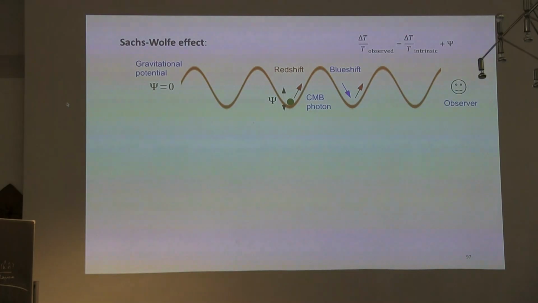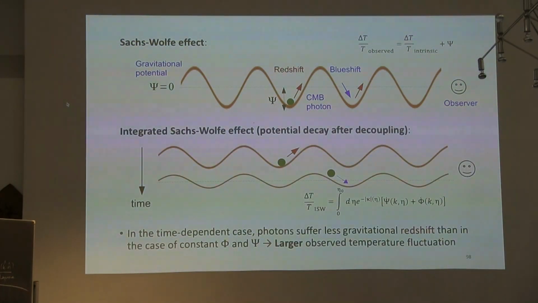Integrated Sachs-Wolfe is something that happens when the potentials are changing in time. You can see the schematic that tries to illustrate the situation. At first you have your potential wells looking like that and your photons trying to climb out. But while it climbs out, at the same time your potentials are decaying away.